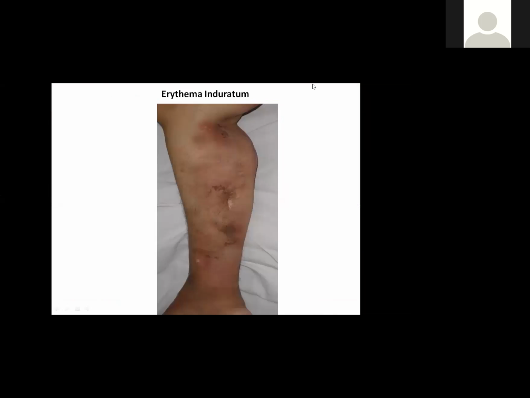And erythema induratum, we can again recognize by these erythematous tender nodules on the calves that over a period of time break down to form ulcers and heal with scars rather than post-inflammatory hyperpigmentation, unlike erythema nodosum. And on histopathology, there is a predominantly lobular involvement of the subcutaneous fat.